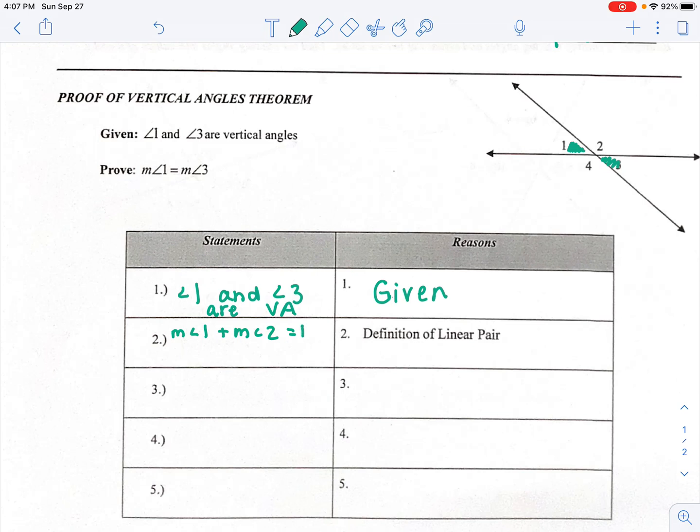Okay. If I find another linear pair, I'm gonna say that the measurement of angle 2 plus the measurement of angle 3 equals 180. I'm gonna say definition of linear pair.